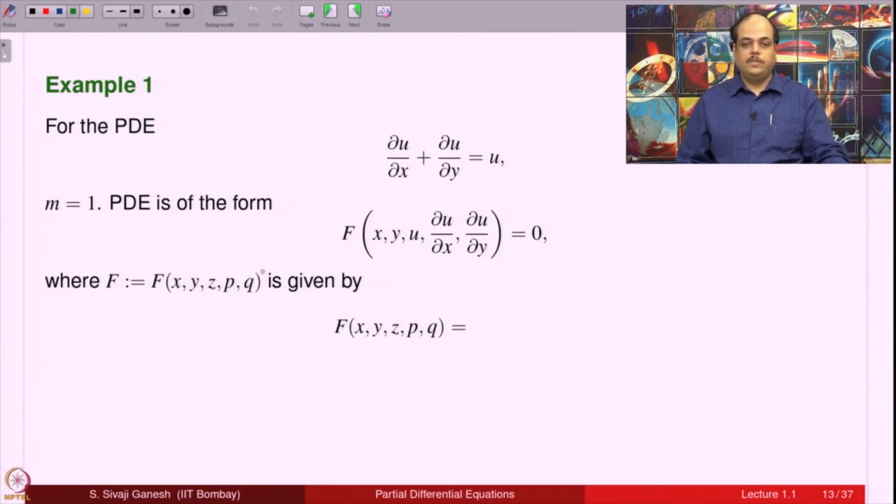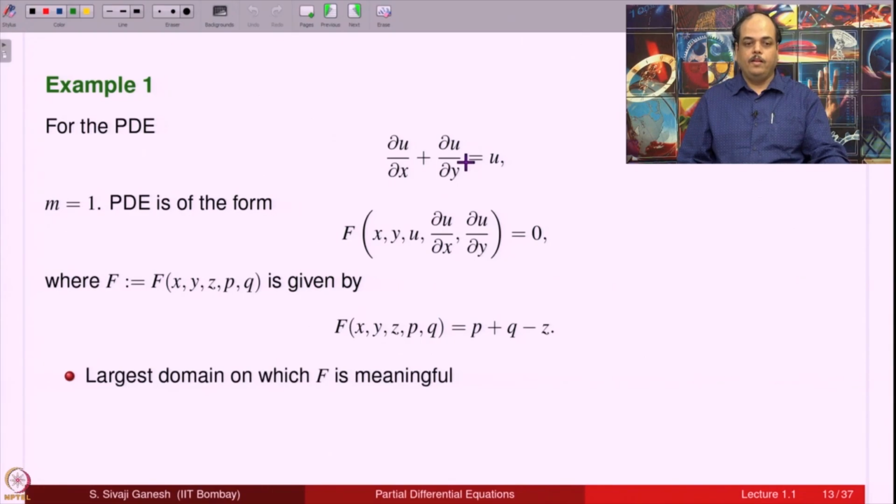So, what is F of x, y, z, p, q in this example? It is p plus q minus z. Therefore, if you take F equal to this and consider this LHS, that will become ∂u/∂x plus ∂u/∂y minus u, and hence you get the PDE. Now, the largest domain on which this F is meaningful is R5, because it is defined for every 5-tuple x, y, z, p, q.